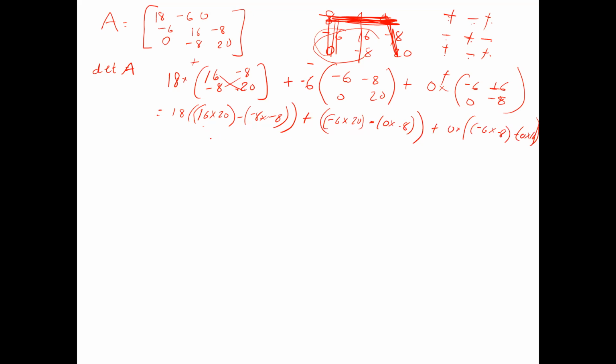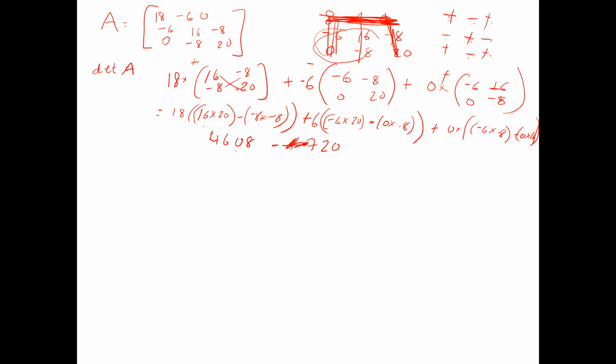Okay, so from that, 18 times this will give how much? 4608, okay, and then plus, obviously. So in here, minus 6 times 20, that is minus 120, and sorry, I forgot the 6 in here, so minus 120 times 6 is minus 720, because it is minus, just put minus on here.